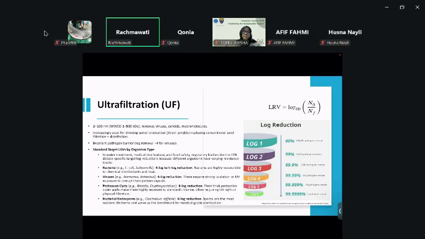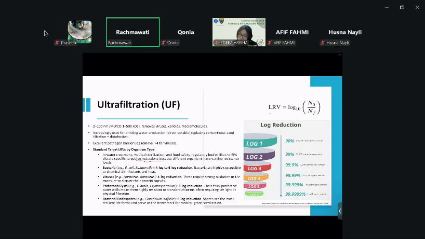And then the standard target for the log removal value by organism type. In water treatment, medical sterilization and food safety, regulatory bodies like the EPA have specific targets of LRV, because different organisms have varying resistance levels.